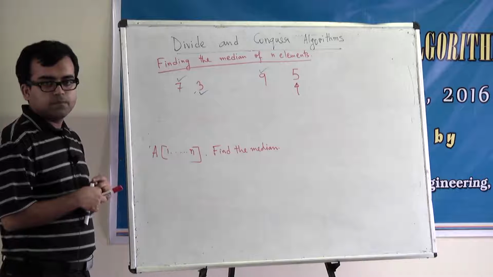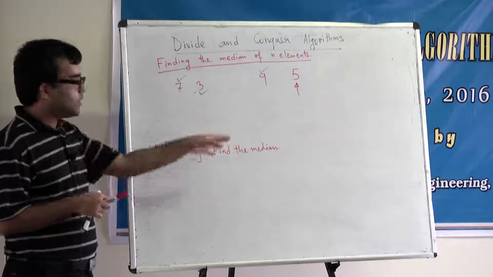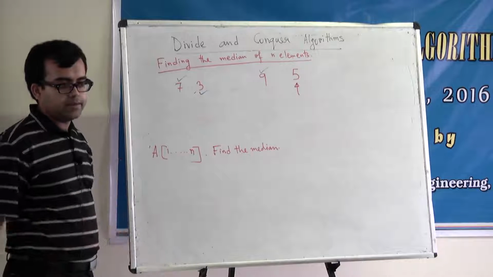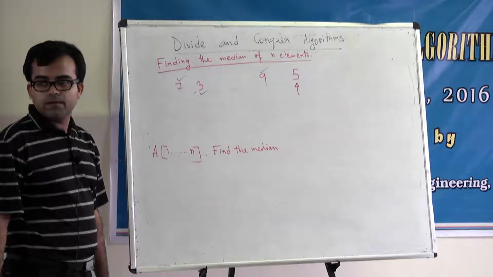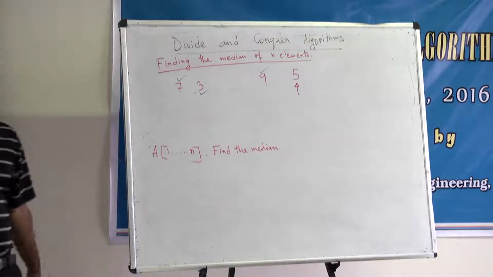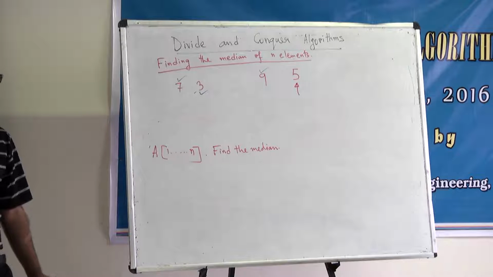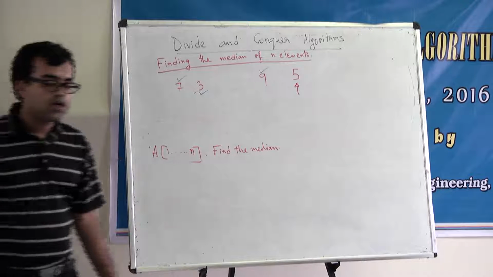One algorithm is you sort the elements and then, of course, in constant time you find the median. What time will it take? You said n square. Anyone thinks better than n square?